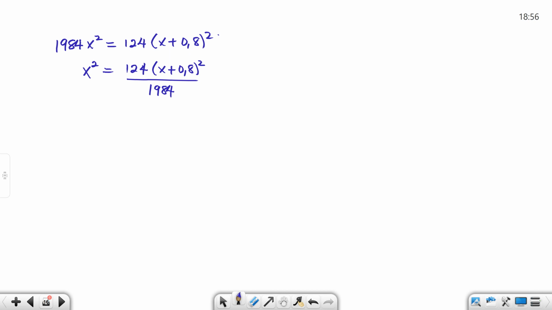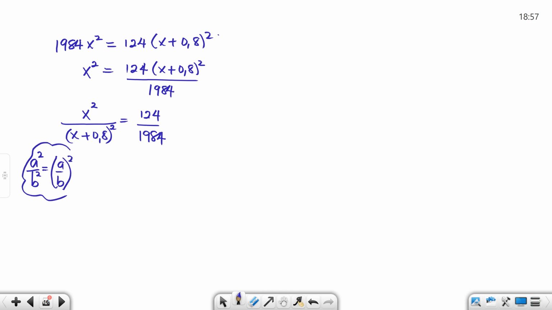So I'm going to have x squared. We divide both sides now by (x plus 0.8) squared, and I've not even used a calculator. Now, according to mathematics, a squared over b squared can be written as a over b, all squared.